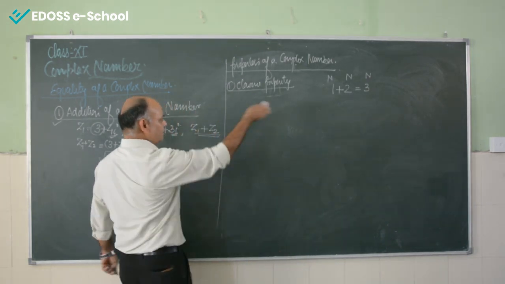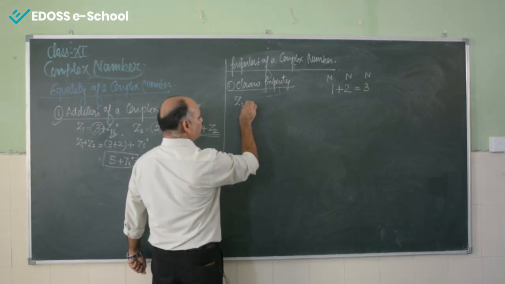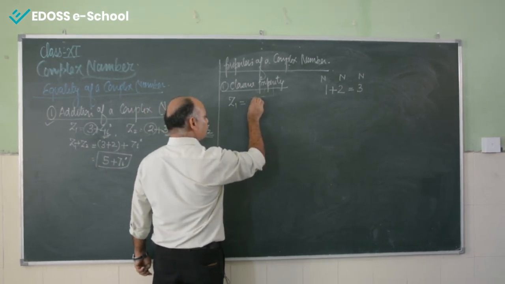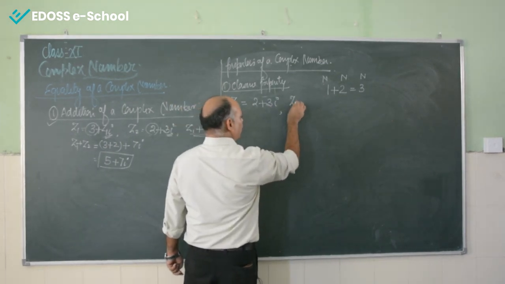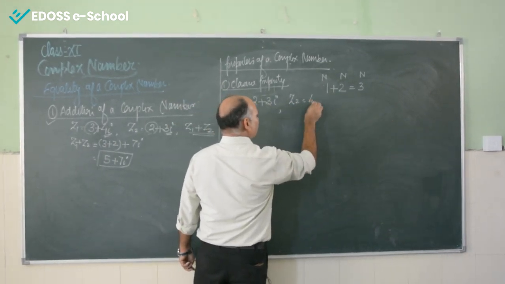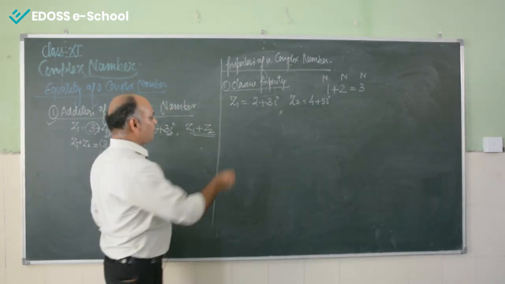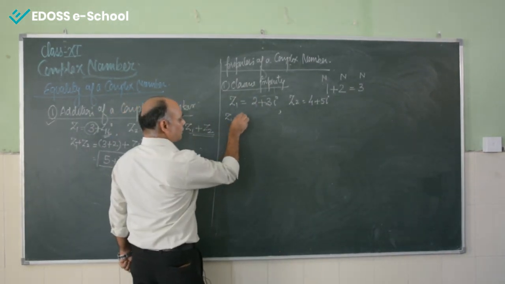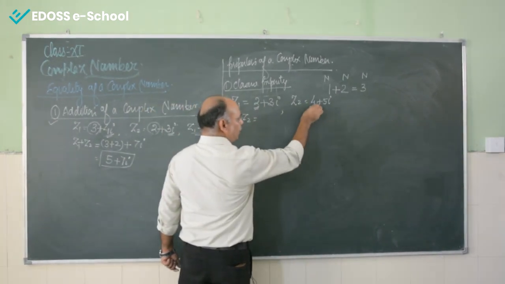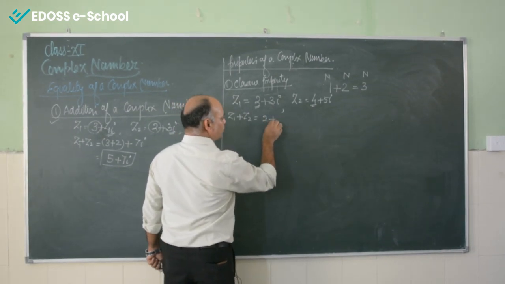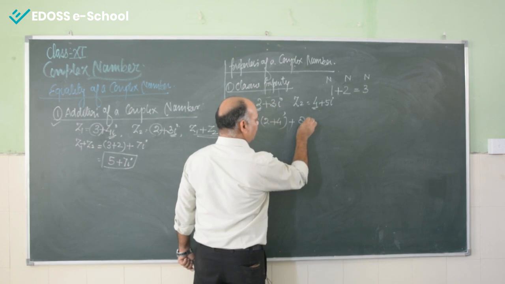Now let us take an example. Suppose Z1 equals 2 plus 3 iota and Z2 is equal to 4 plus 5 iota, and I have to add them. Z1 plus Z2 will be equal to: this real part and this real part are added, that is 2 plus 4, and 3 plus 5 is equal to 8 iota.